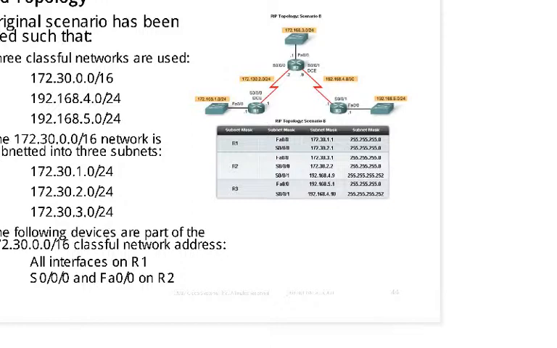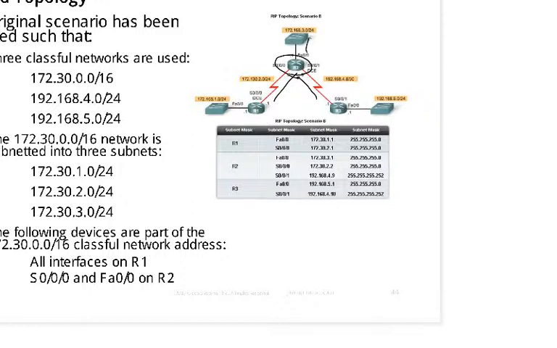So route summarization talks about the fact that router 2 contains interfaces in two separate classes, right? So router 2 connects to some interfaces which are categorized in two different network classes.